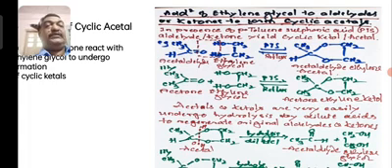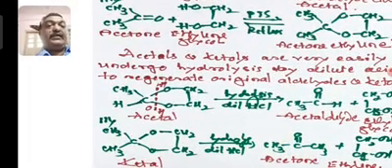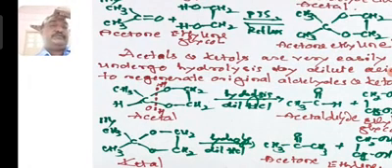It is called acetaldehyde ethylene acetal, so a cyclization product will form. Similarly, a ketone also undergoes the reaction to form acetone ethylene acetal, and if you see the mechanism, it is very simple to understand.